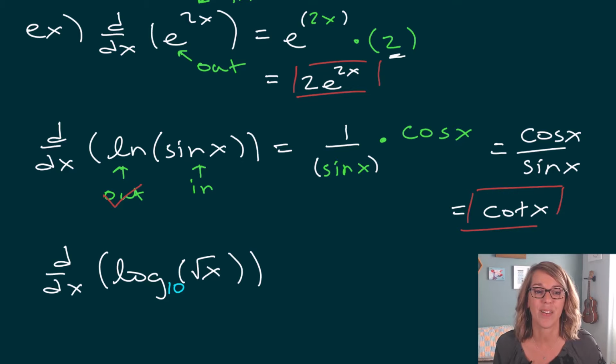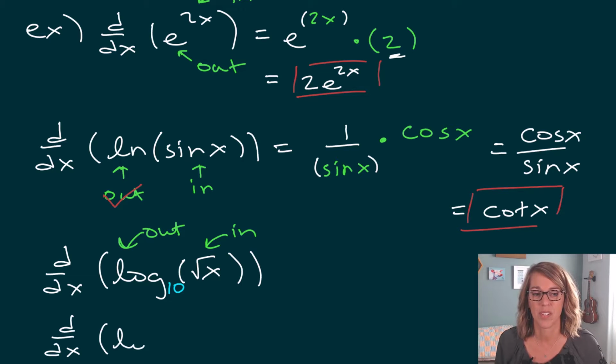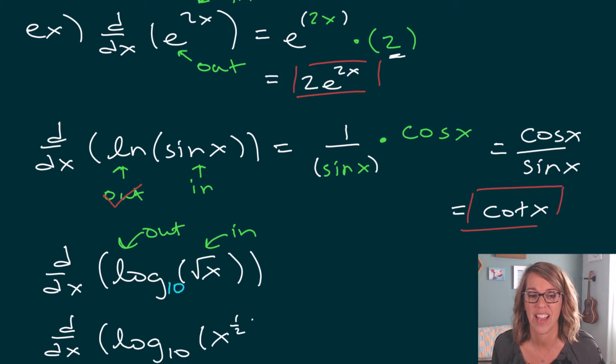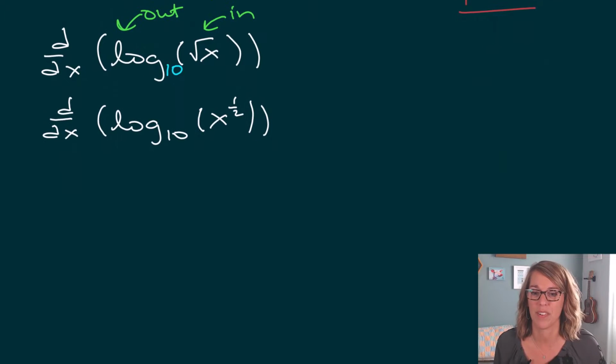And yes, log base 10 is my outer function. My inner function is that square root. So I really want to rewrite this a little bit so I know exactly how to take those derivatives. So I'm going to rewrite log as log base 10, and let's rewrite that x inside the square root as an x to the 1/2 power. Now I'm ready to take that derivative.